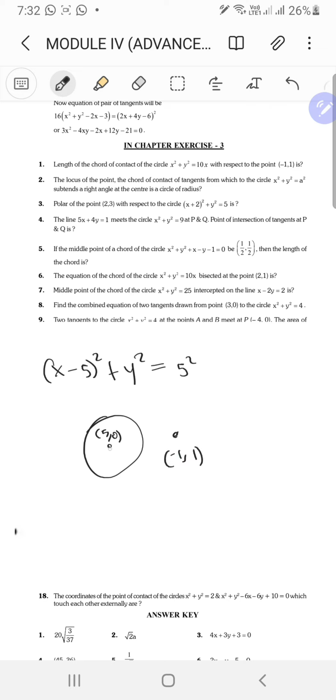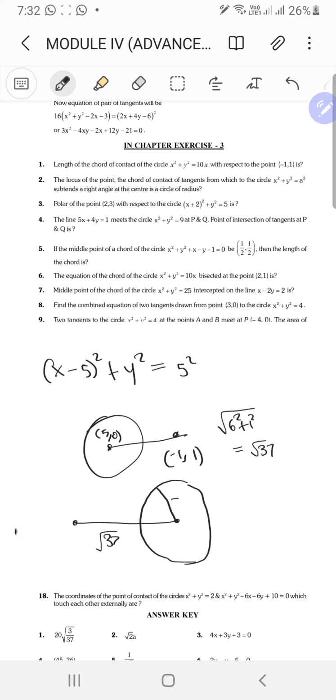and we only need the distance between the center and this point, which is going to be the square root of 6 squared plus 1 squared, so 36 plus 1. So it's square root 37. Yeah, that looks correct. Now let's just deal with geometry. You've got a point which is square root 37 away from the center, and the radius 5.